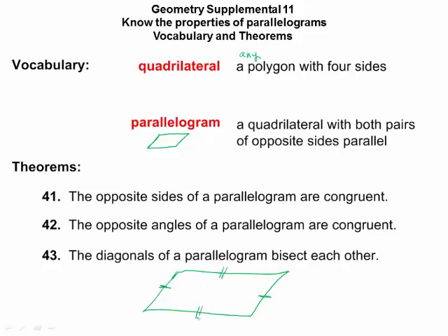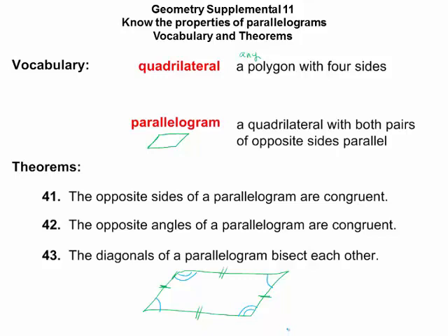This side is the same as this side. Opposite angles are congruent. So this angle is congruent to this angle, and this angle is congruent to this angle.